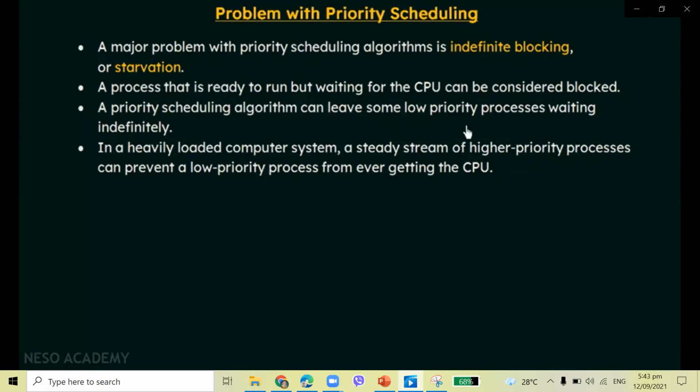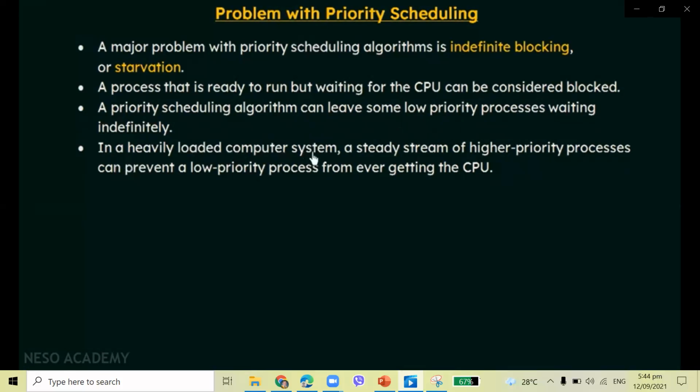This low priority process will get the CPU very late, or in the worst case, it may never get the CPU. Let's say there is a low priority process and all the processes that arrive have higher priority as compared to it. Then all the higher priority processes will get the CPU, and this low priority process, since its priority is lesser than those other high priority processes, will never get the CPU.